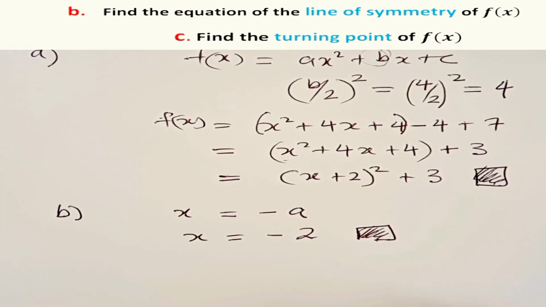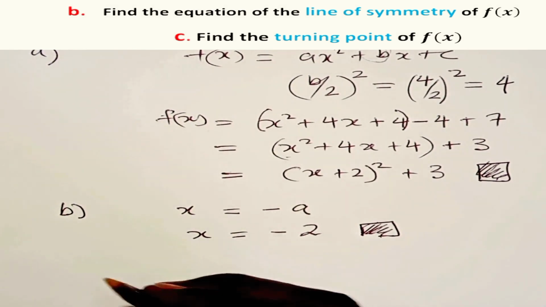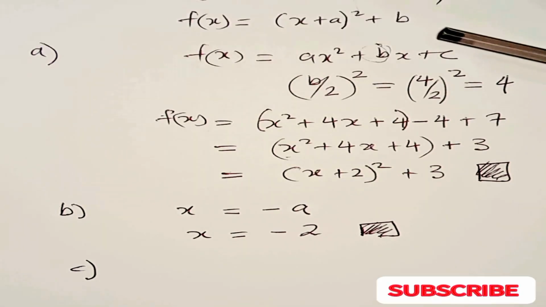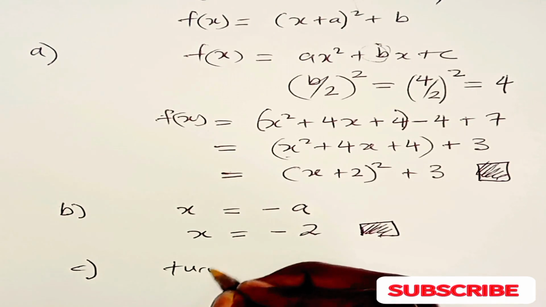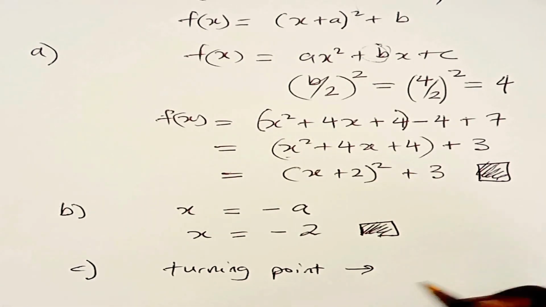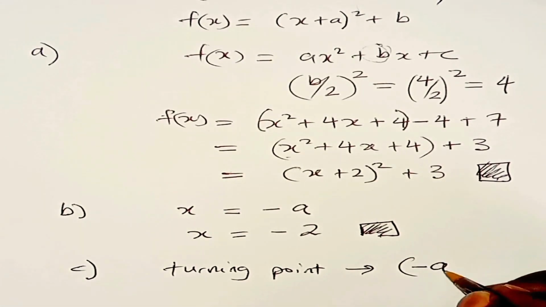Now let's look at part C. In part C, we need to find the turning point of f(x), the turning point of that graph. Now, when you have the function of that graph written in this form, you are going to say the turning point is given by minus a, b.